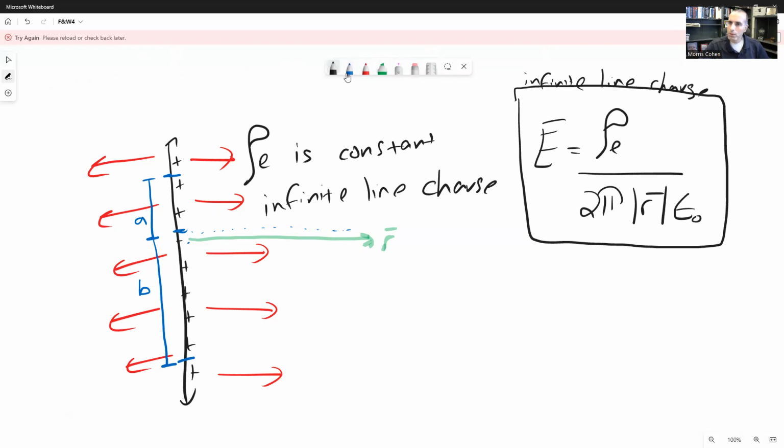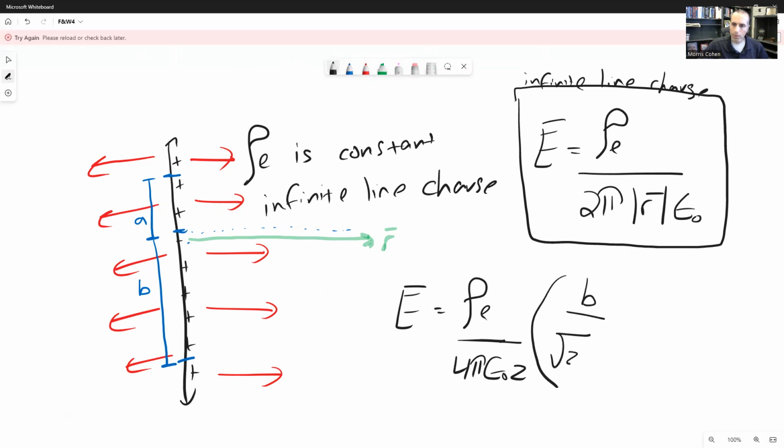If you work out Coulomb's law and apply an integral to this, you get that E equals rho L over 4 pi epsilon naught times Z times B divided by the square root of Z squared plus B squared, plus A divided by the square root of Z squared plus A squared, and all that is in the r hat direction.